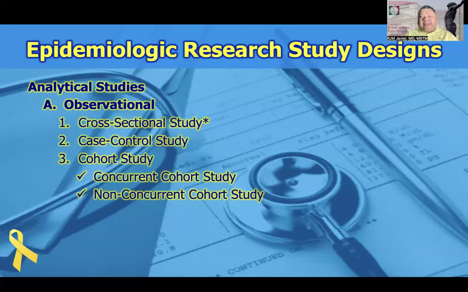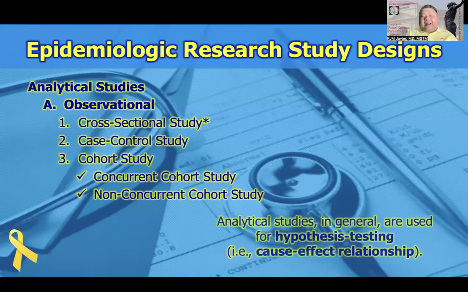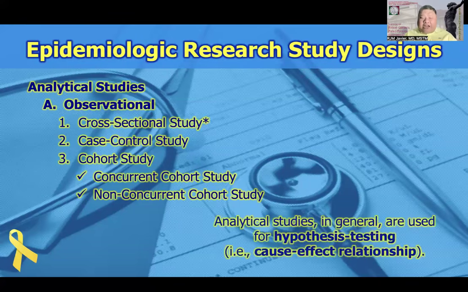Then you have your case control study and you have your cohort study. Your cohort study can be further divided into your concurrent cohort study and your non-concurrent cohort studies. All of your analytical study designs are most ideal in testing hypotheses of cause-effect relationships.